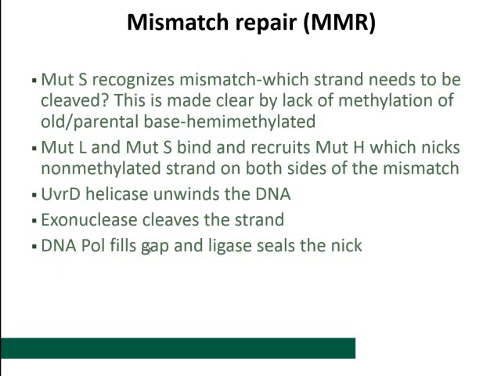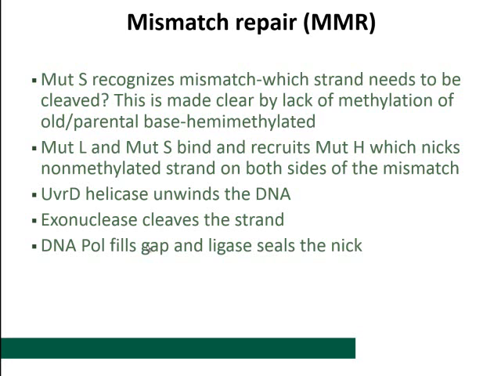This consists of again an enzyme system, MutS and MutL. MutS recognizes the mismatch, and it knows which strand the abnormal base is on, because one is going to be methylated, and that is the old base on the template, and the newly inserted base is not going to be methylated, and this is the one that is recognized.